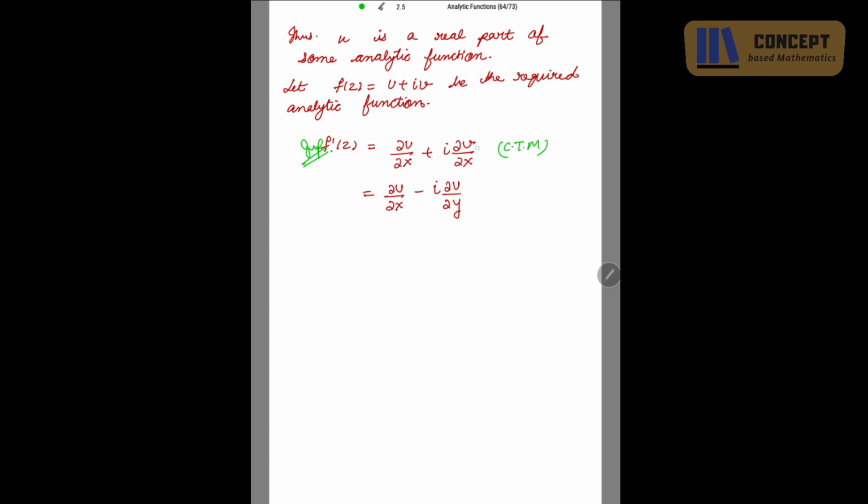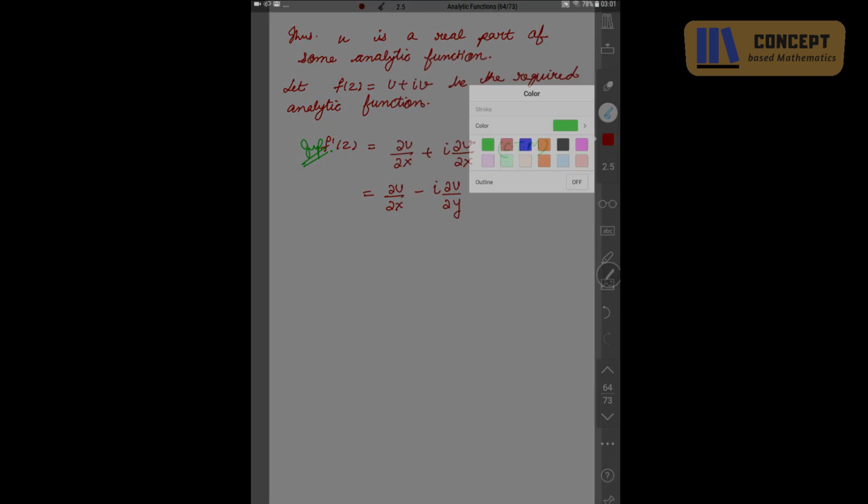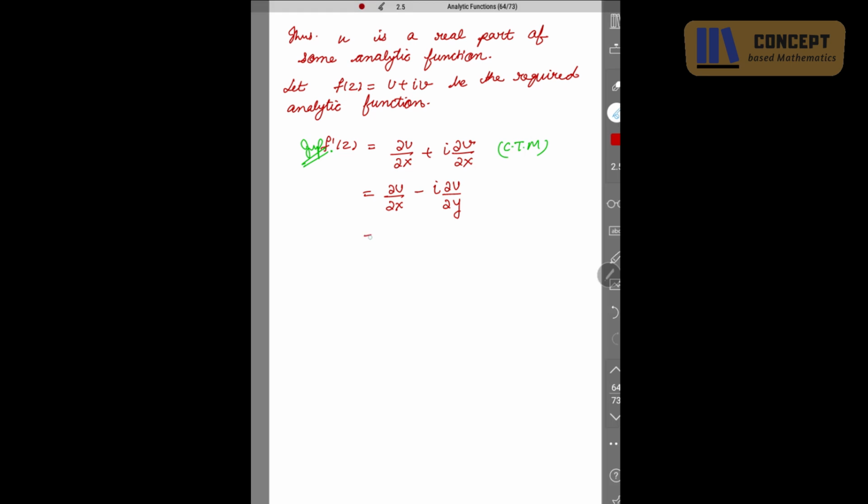Either you learn this formula or you learn the two equations for getting f dash z in terms of u or v. So what is del u over del x?